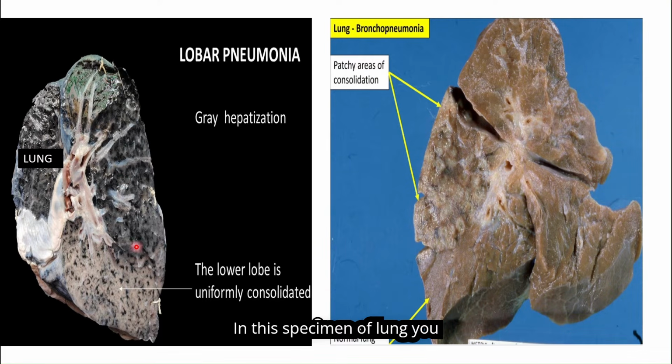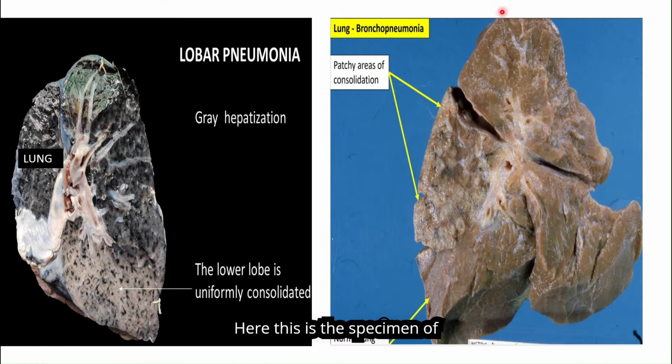In this specimen of lung, you can appreciate this lower lobe is showing grayish discoloration and consolidation. So this is the specimen of gray hepatization and showing features of lobar pneumonia.